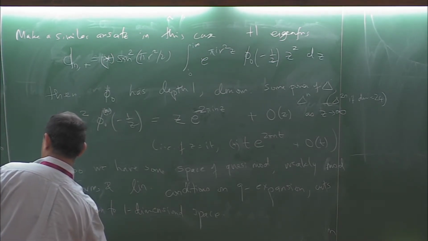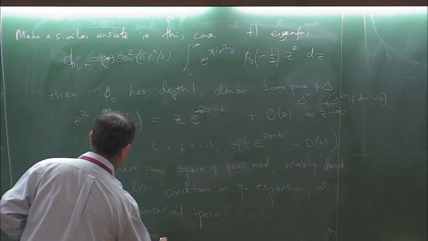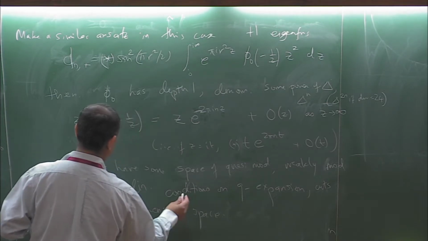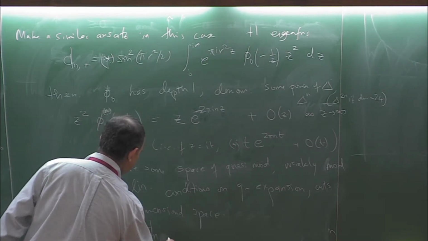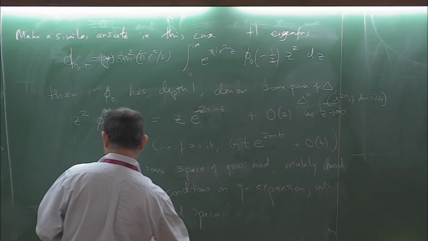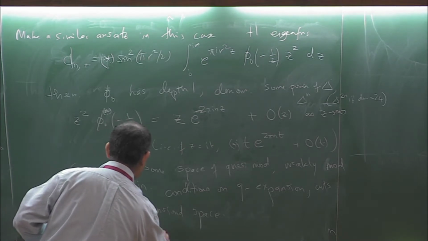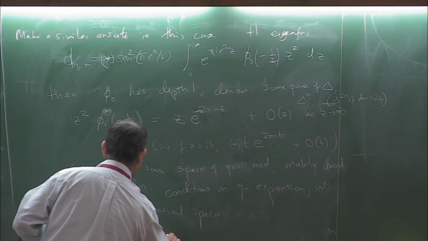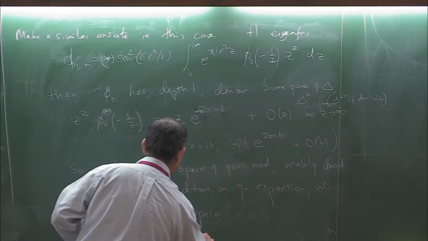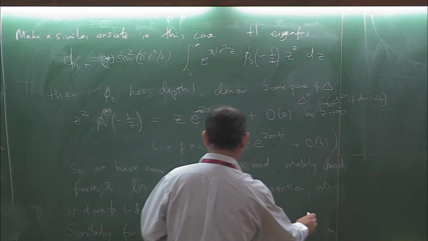And similarly for c n plus, d n minus. Let me just say what happens for c n plus first. For c n plus, you get depth 2 and the same denominators.